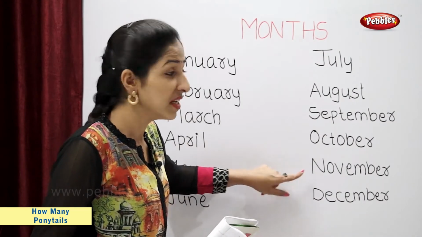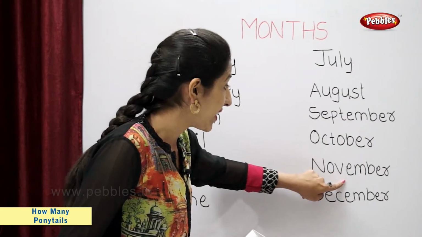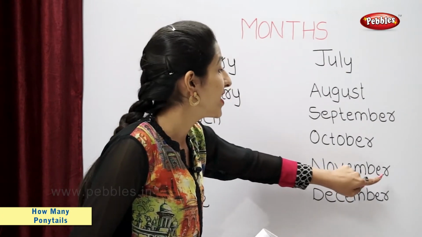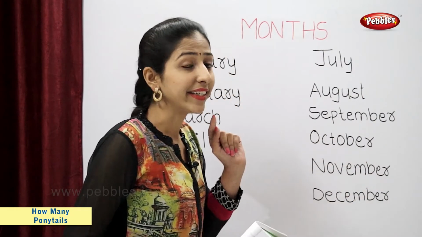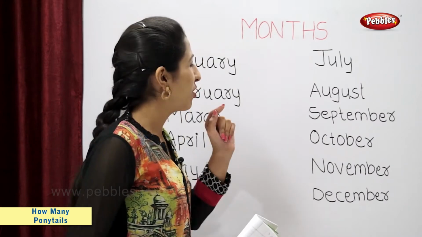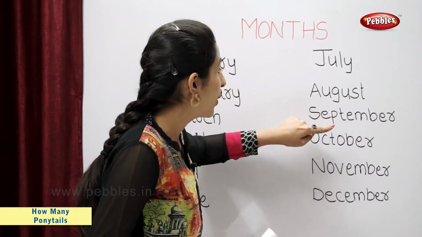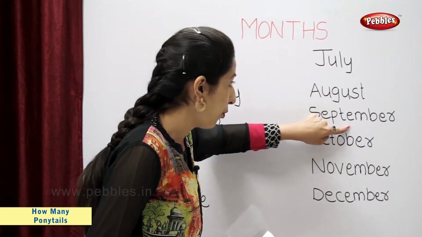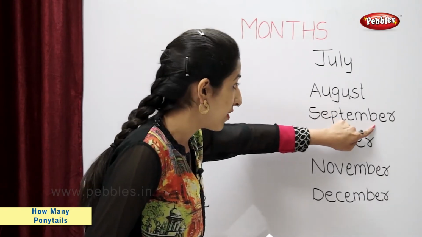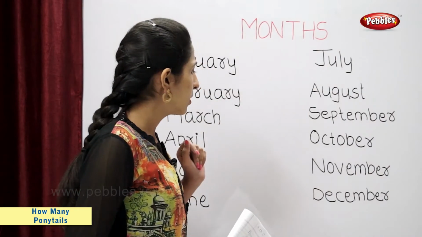Let's count for November. 1, 2, 3, 4, 5, 6, 7, 8. September. Let's count for September. 1, 2, 3, 4, 5, 6, 7, 8 and 9.